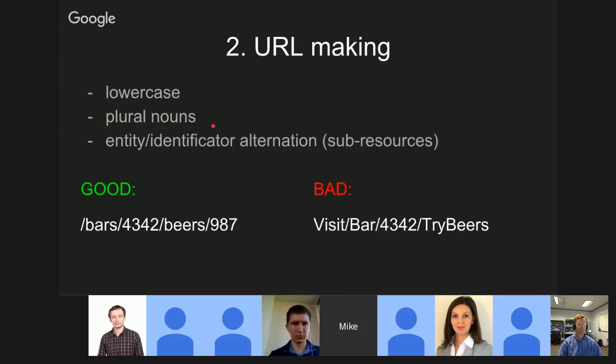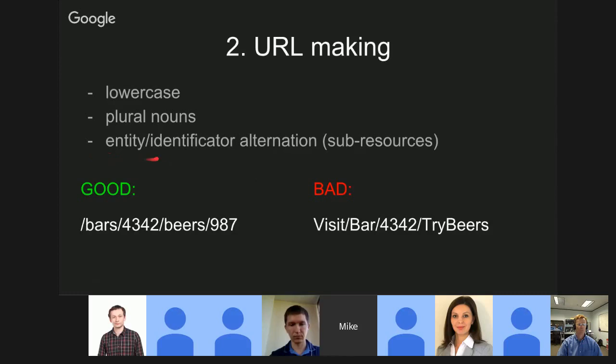Use plural nouns. Don't use verbs. It's also quite important, because using verbs may make your API unpredictable. A user looking at the endpoint URL sometimes can't say what it does.